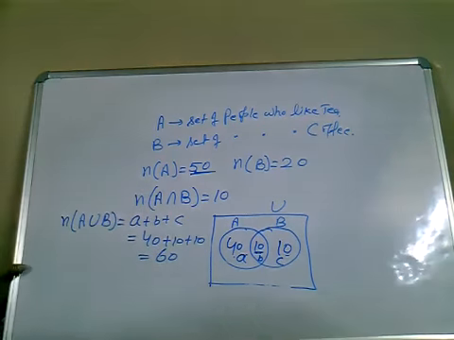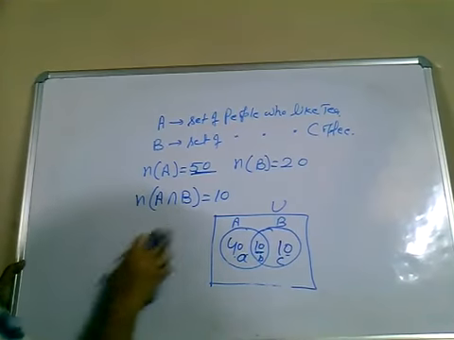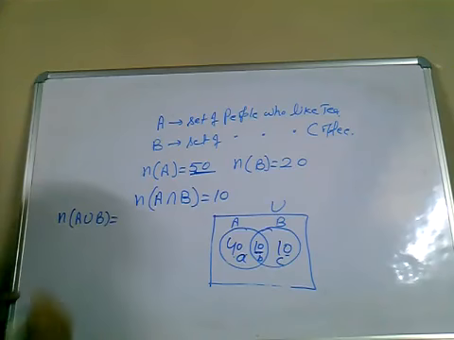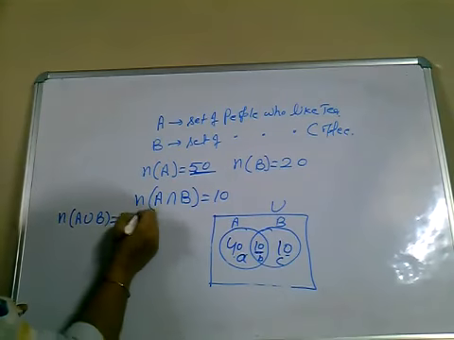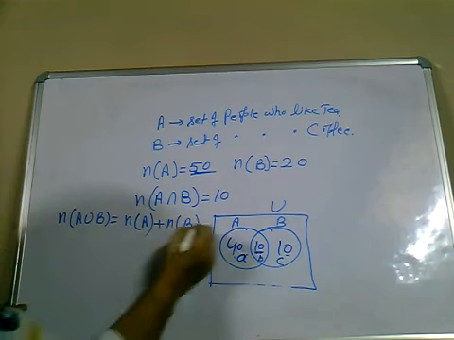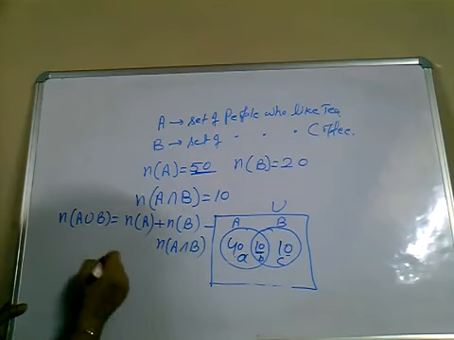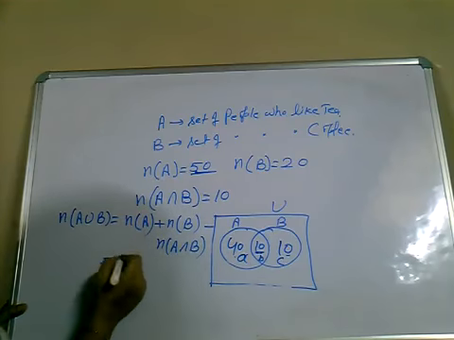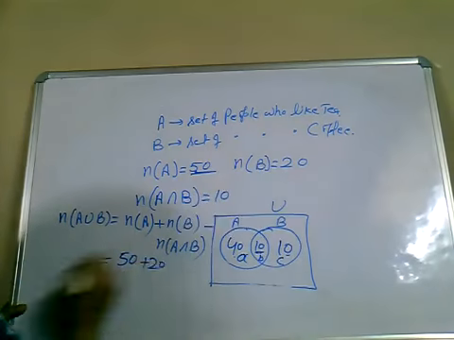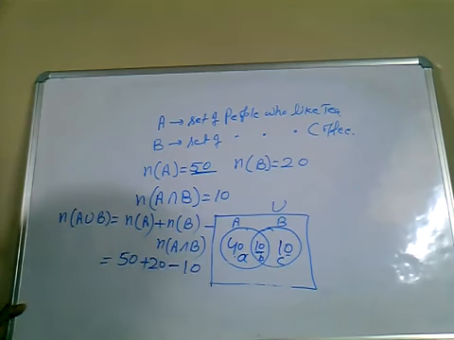We can count it by formula also. What is the formula for A union B? Number of elements in A union B is number of elements in A plus number of elements in B minus number of elements in A intersection B. So number of elements in A, 50 given, number of elements in B, 20 given, minus number of elements in A intersection B, which is 10.